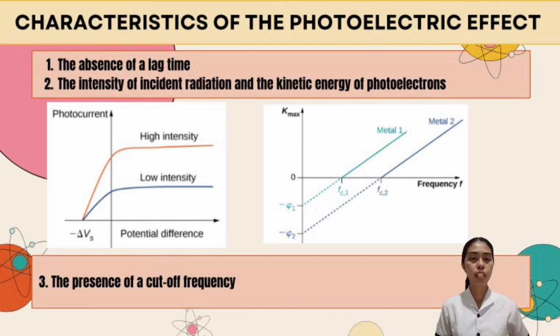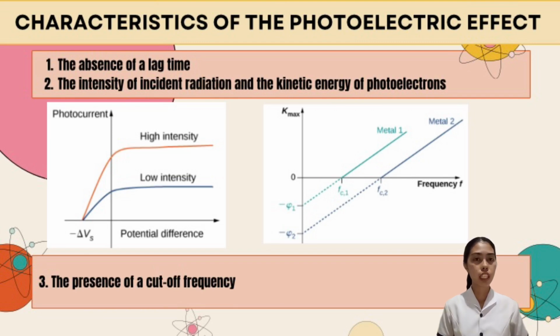The third one is the presence of a cutoff frequency. It states that for any metal surface, there exists a minimum frequency of incident radiation. And we have another graph here. It shows the kinetic energy of photoelectrons at the surface versus the frequency of incident radiation.